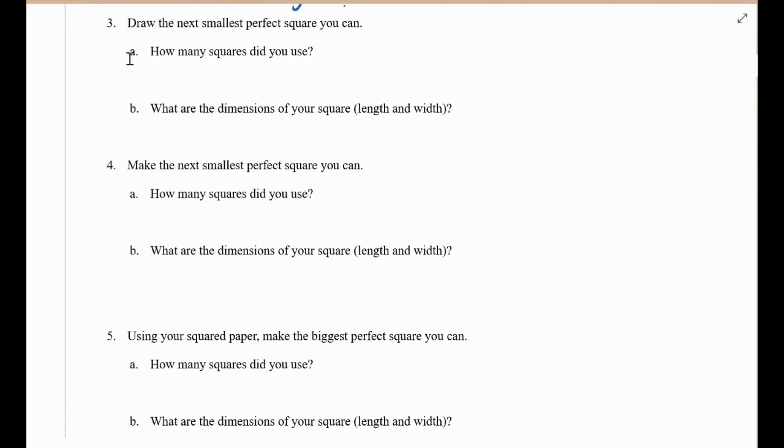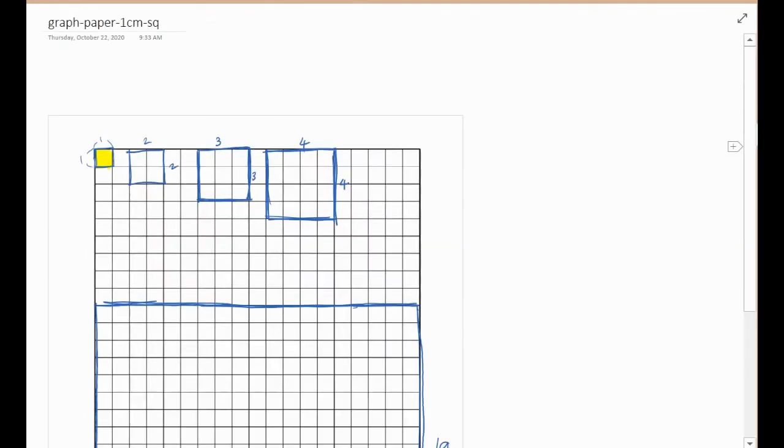Alright, have you guys tried that? Okay, look at number 3. Draw the next smallest perfect square you can. The next one, 3 by 3. And the next one is 4 by 4. So 3 by 3 has 9 squares, and 4 by 4 has 16 squares, right?